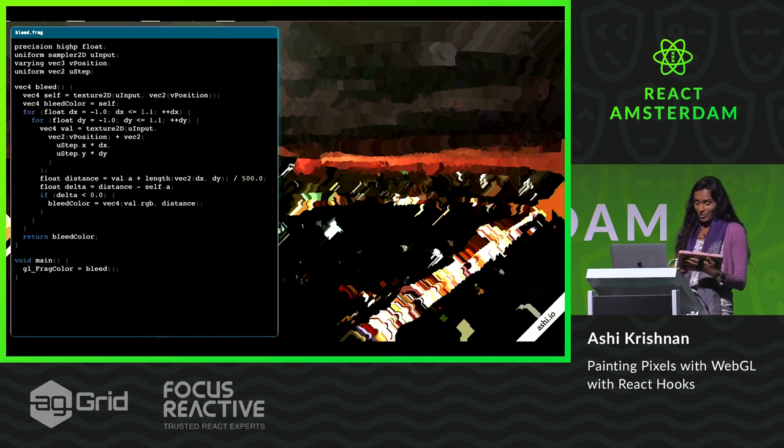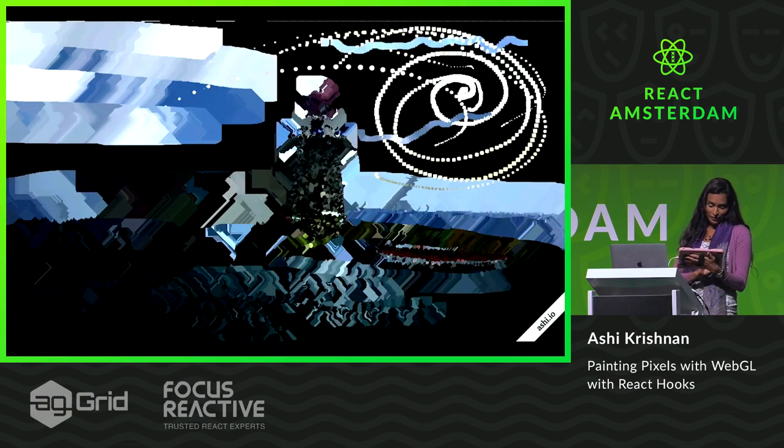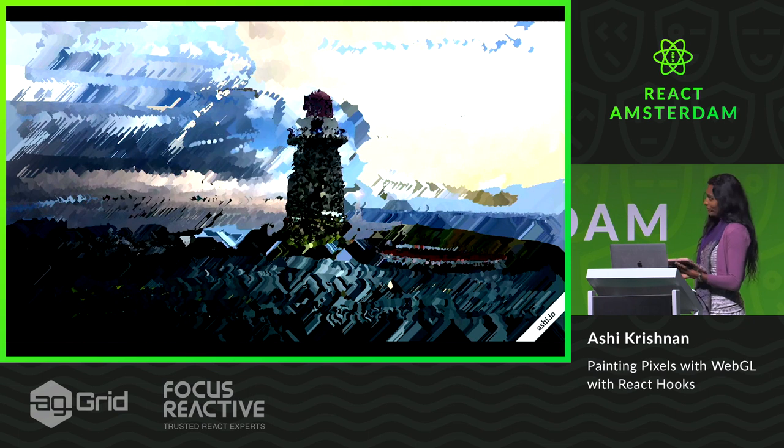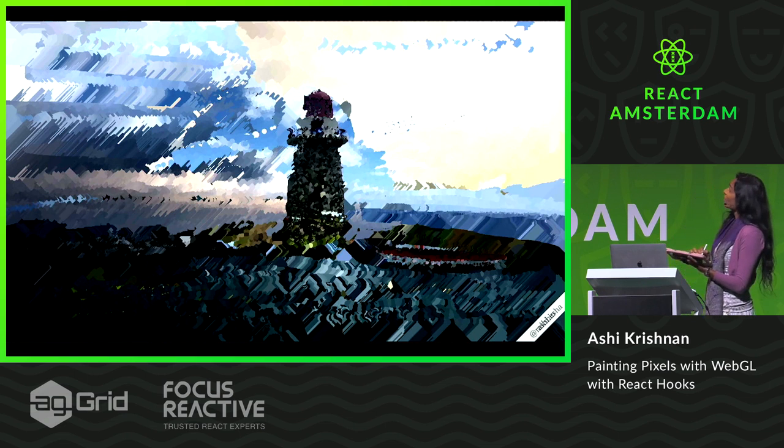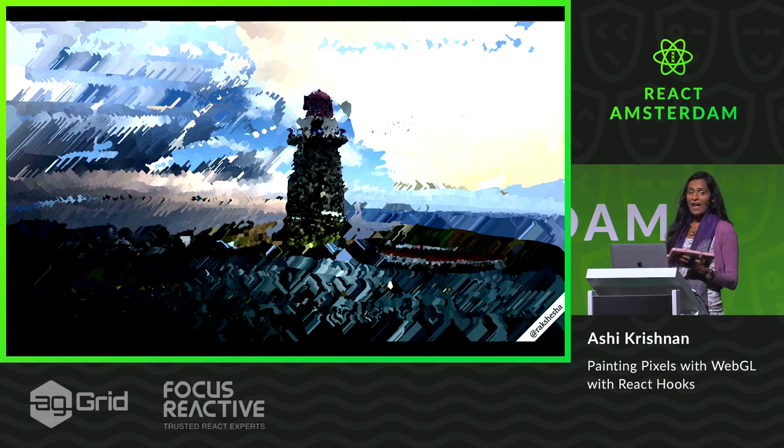So we've got a bleeding fragment shader, and with that we can do some pretty neat stuff. Like, here's a pretty good one. So this is actually 3 photos that I've taken, and I've sort of stitched them together myself by picking which of the photos I'm using as the sampling basis and just kind of going to town and letting the fact that they're all being bled together on the same watercolor layer kind of do the right thing for me.